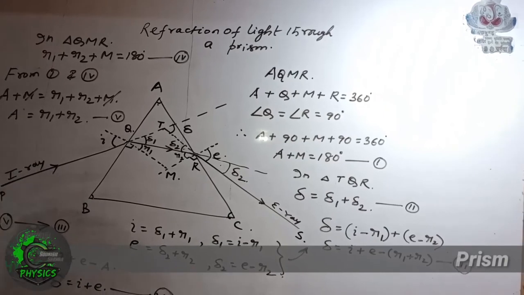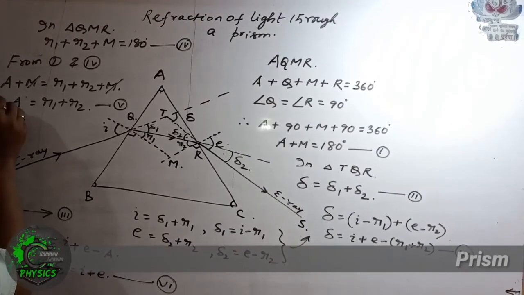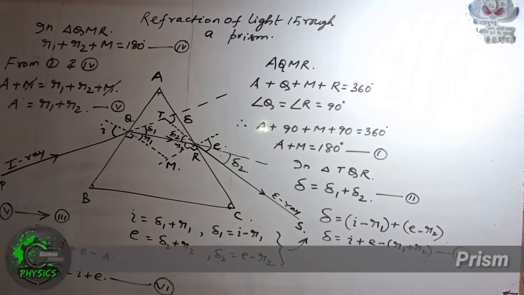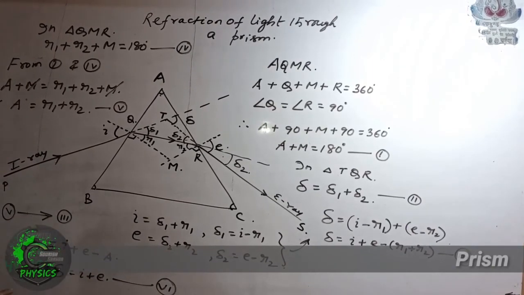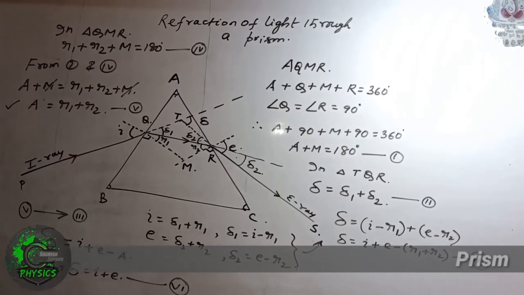So we are getting two very important equations of the prism. Equation 5 is A equals R1 plus R2, and equation 6 states that A plus delta equals I plus E.